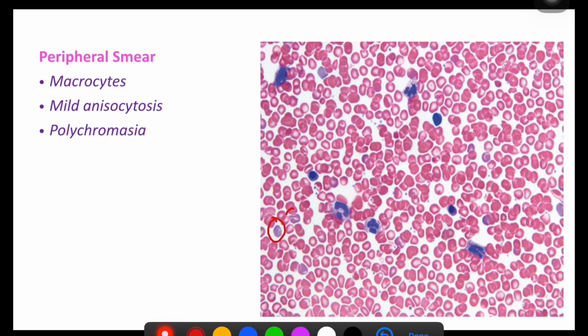These are the polychromatic cells. You can see the color difference from these normal RBCs. So, they are mild magenta and pink in color. So, the mixture is called polychromasia. Then occasional target cells. So, here you can identify target cells.